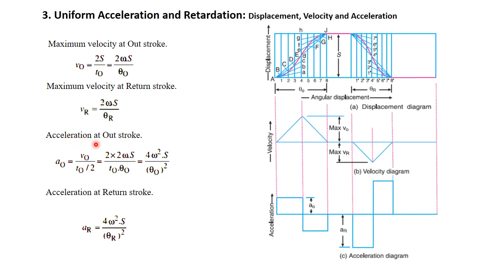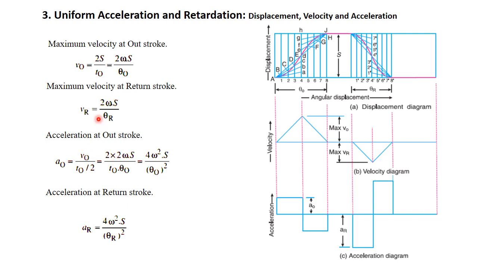Now, acceleration at the outstroke is nothing but the rate of change of velocity. Therefore, acceleration is equal to velocity upon time. Now, for acceleration, the time is TO by 2, so for half of the period there is acceleration. So the maximum value of acceleration is equal to VO by TO by 2.